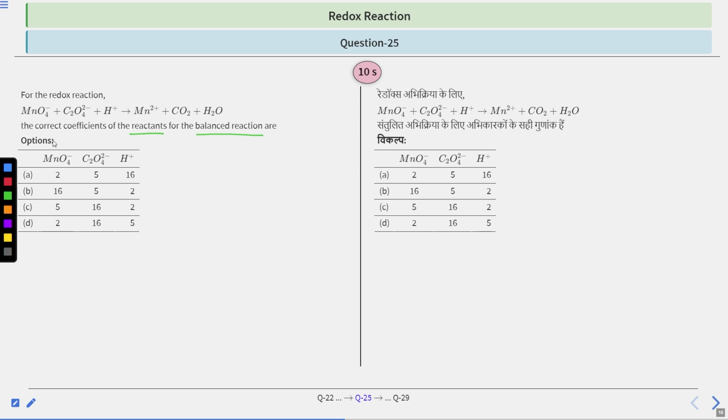Options are, for MnO4 negative 2, C2O4 2 negative 5, H positive 16. MnO4 negative 16, C2O4 2 negative 5, H positive 2. MnO4 negative 5, C2O4 2 negative 16, H positive 2. Or MnO4 negative 2, C2O4 2 negative 16, or H positive 5. So you have 10 seconds to solve this question. After that, we will see the answer.